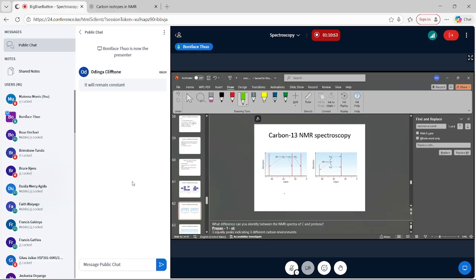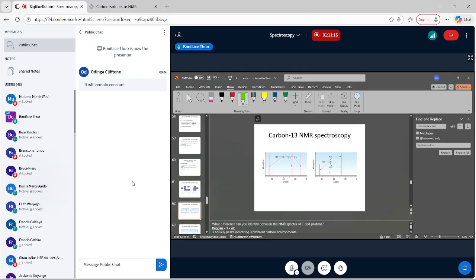So in carbon-13, the instrument is usually configured to give peak heights proportional to the ratio of carbons present in the molecule. In this case, you can see that we have 3 peaks which are equal in height, indicating that the ratios of the carbons are 1 to 1 in all cases.